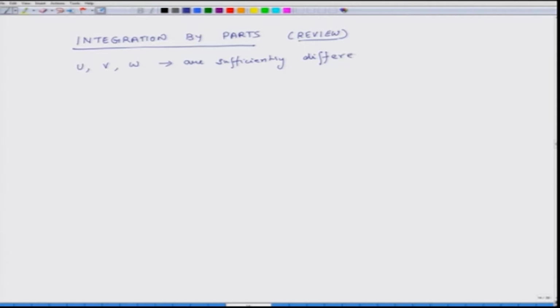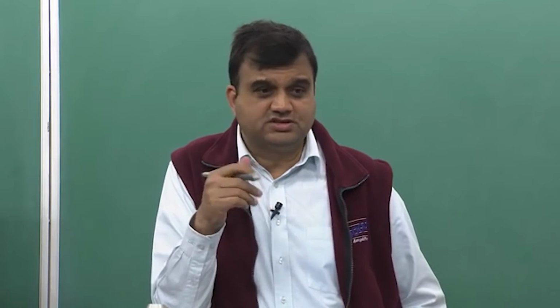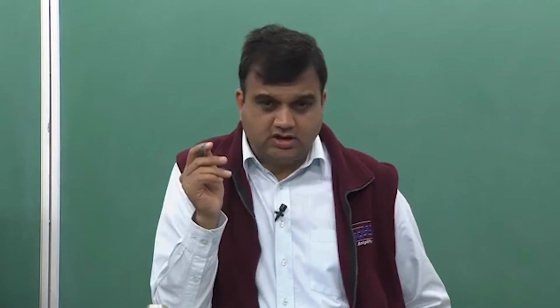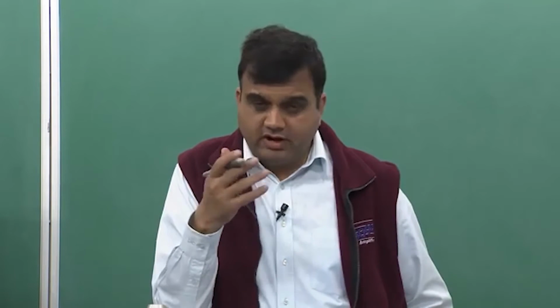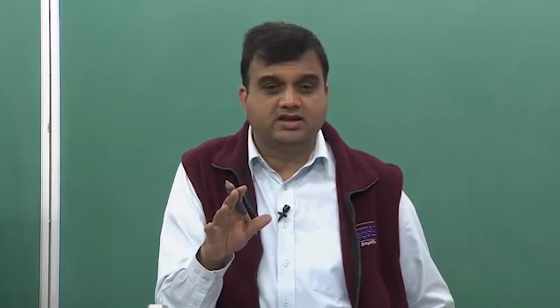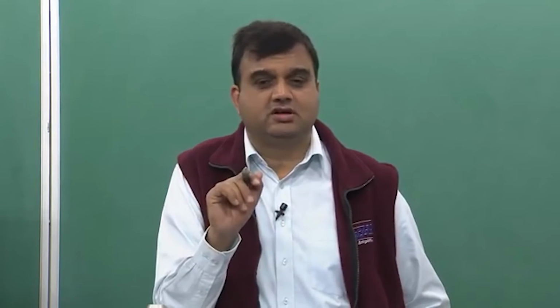sufficiently differentiable. What is sufficiently differentiable? That if I need a second order derivative, it should exist. That is sufficient enough. It may not have third order derivative. If my need is only up to second order, then an x square type of function is sufficiently differentiable.